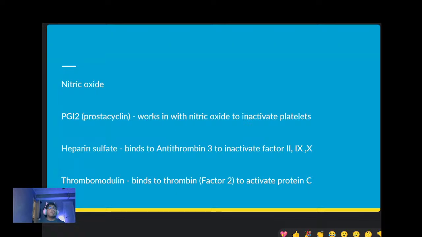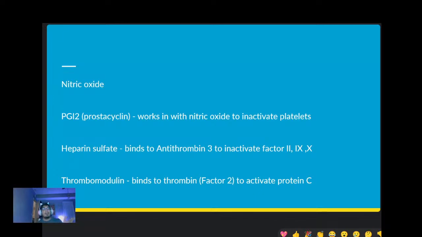Now, heparin sulfate binds to antithrombin 3 and it basically slices factor 2, factor 9, and factor 10. It is like a grinder for these factors. Heparin sulfate is basically found in the liver or liver endothelial cells.